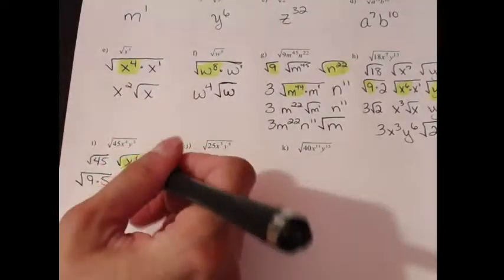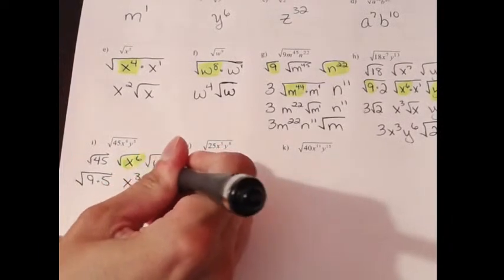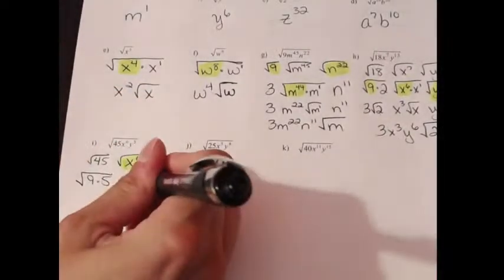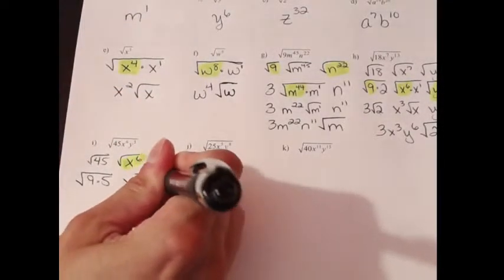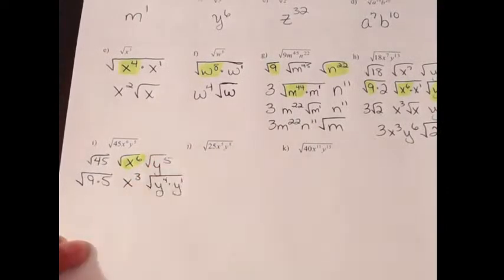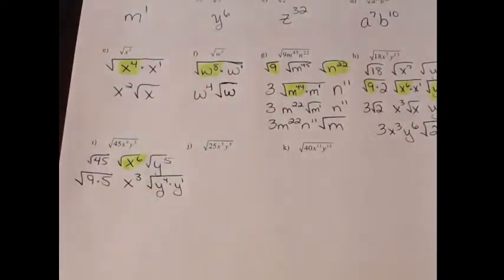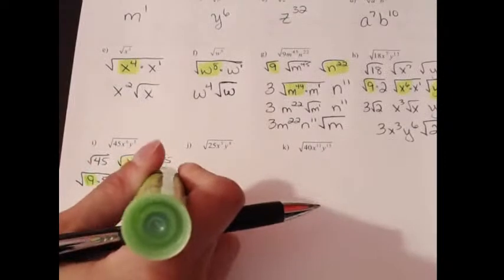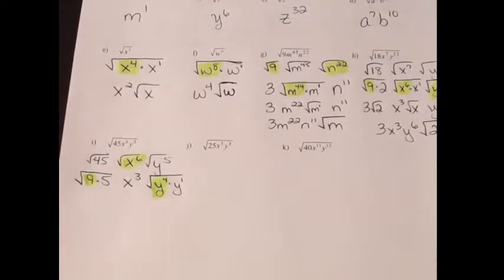Now with square root of y to the 5th, we recognize that we could evaluate square root of y to the 4th, but not y to the 5th. So what we want to do is break it down. So we have y to the 4th times y to the 1st. Again, keeping in mind the product rule. I'm going to highlight each of my perfect square factors. So 9 is a perfect square, and y to the 4th is a perfect square.